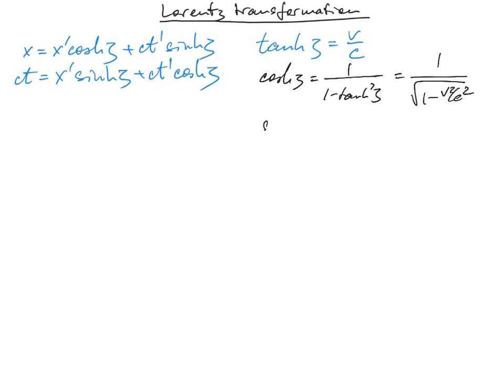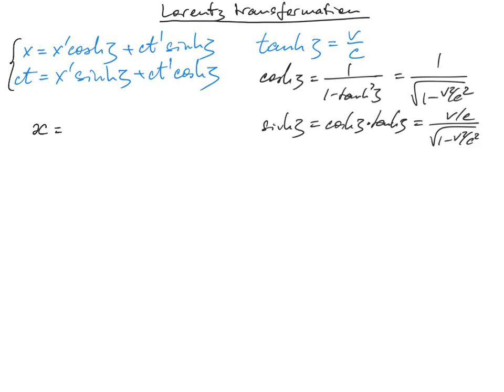Now the hyperbolic sine is cosh zeta times tangent zeta, which becomes v over c divided by the square root. So if we substitute these in the transformation here, we'll find the following expressions.